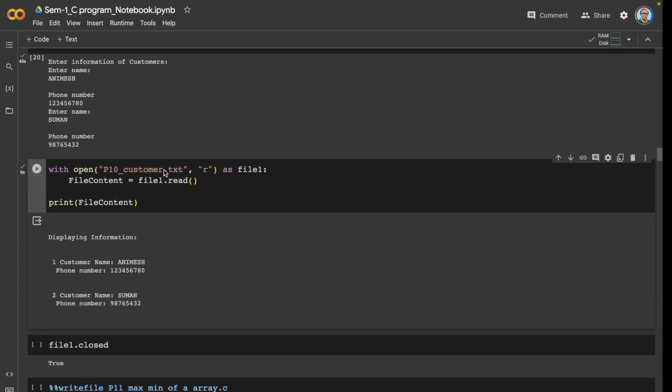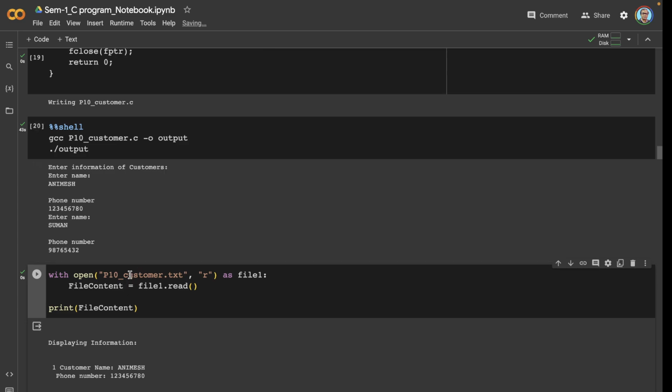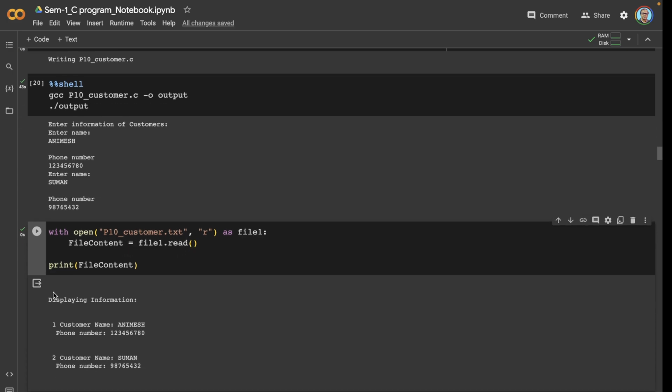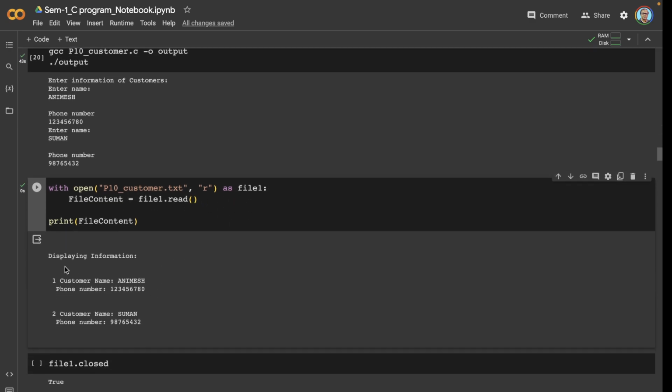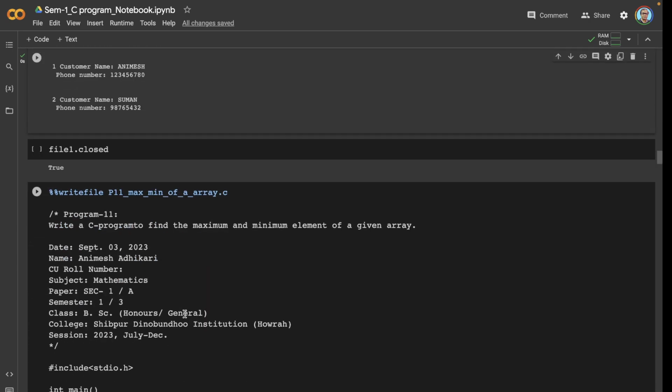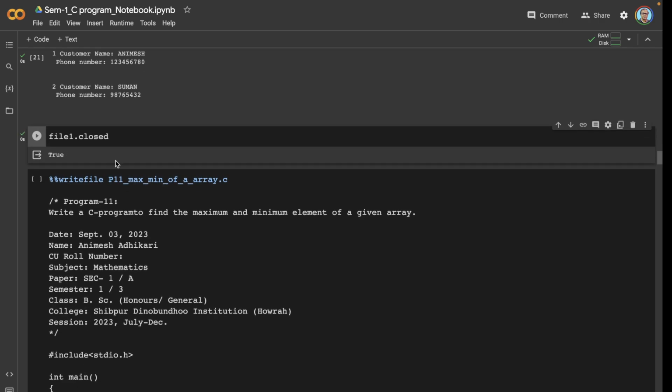So here we open p10 customer dot text as file1, and file1 dot read gives us the output from the separate file. So we get here in file1 the customer name and phone number, 1234578, and customer name Suman and phone number. And next, file1 dot close. So this program is complete.